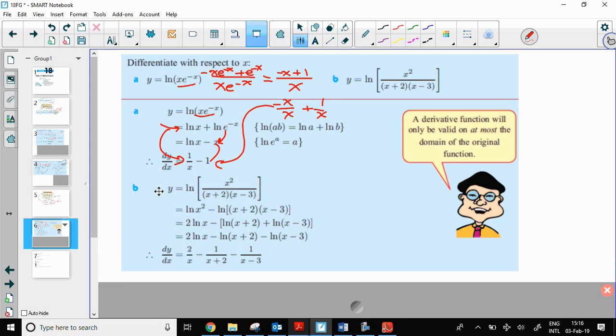Now all three of these turn into, well, this is 2 times 1 over x. This part's going to be 1 over x plus 2, and this third one will be 1 over x minus 3. It's all 1 over because the derivative of x plus 2 is just 1. The derivative of x minus 3 is just 1.